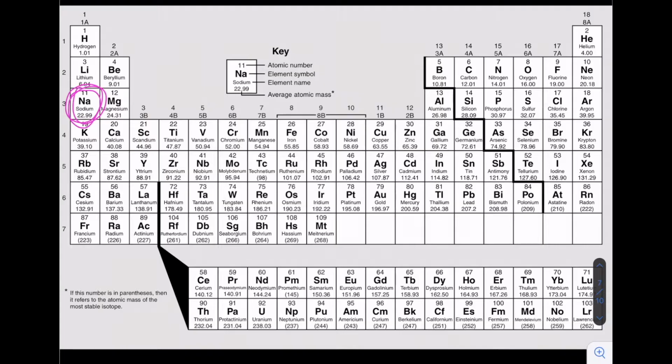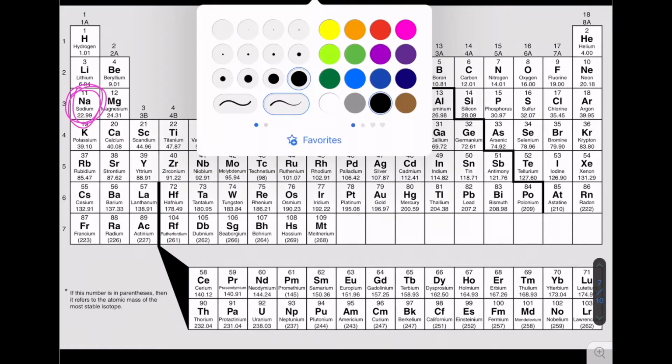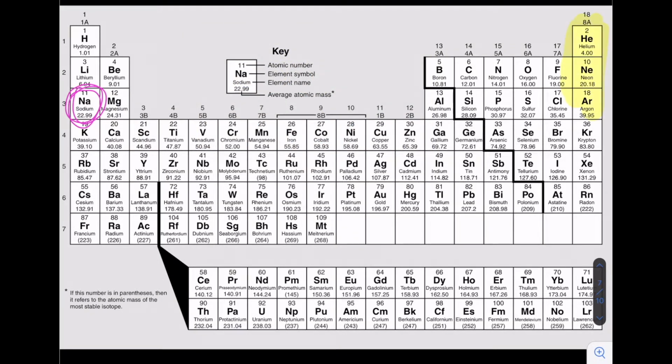And remember that the goal of every atom is to be like a noble gas. So he wants to get over to group 8A as far as the electrons go. So sodium currently has 11 electrons. His nearest noble gas has 10 electrons. So sodium needs to lose 1 electron to be isoelectronic with neon.